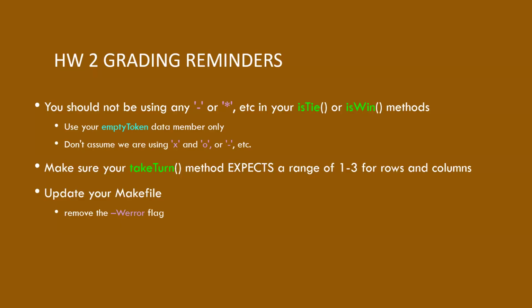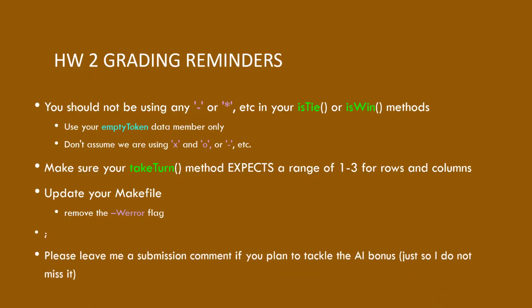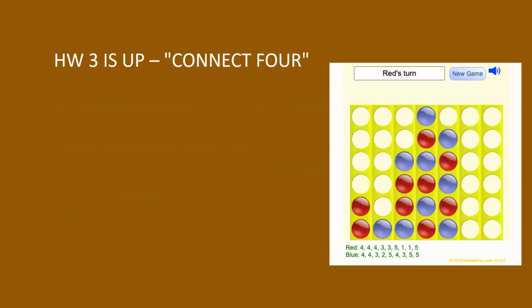So, caveat emptor, if you do remove the warnings, you might be the unexpected recipient of some nasty bugs. And if you do the AI bonus on tic-tac-toe, please let me know just so I can go looking for your code. Otherwise, I'll assume that you're not doing it. But otherwise, give me a heads up on that.